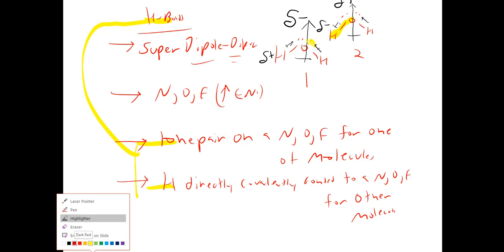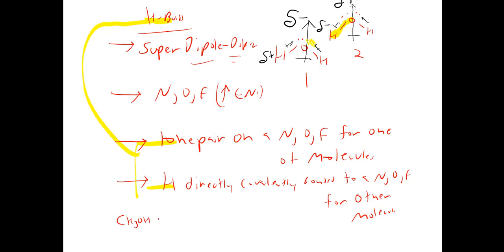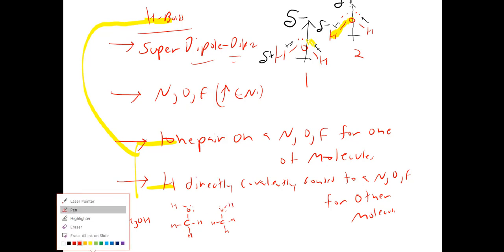So let's go ahead and show you another example. Down below, I could have something that looks like this right here. This is called methanol. Here's the overall structure. This is considered hydrogen bonding.